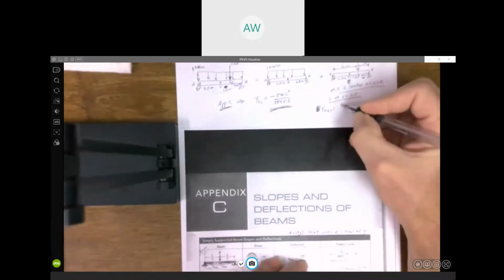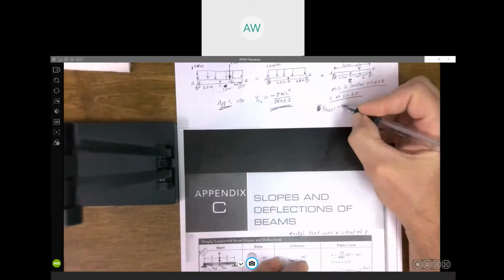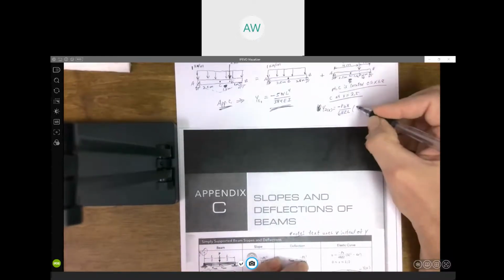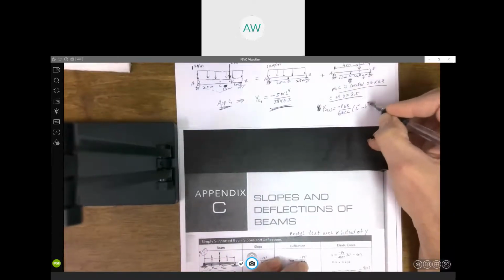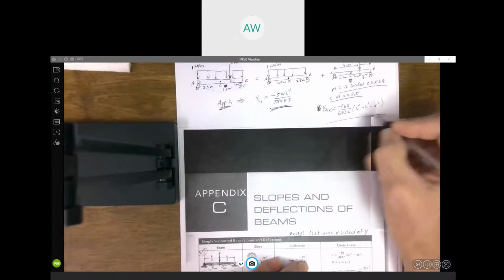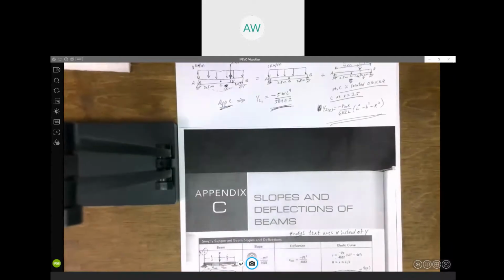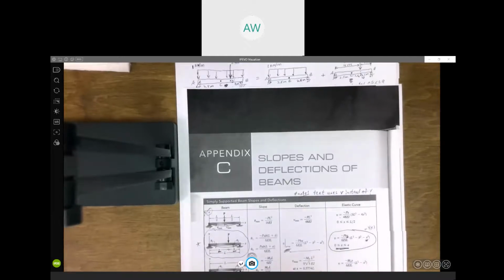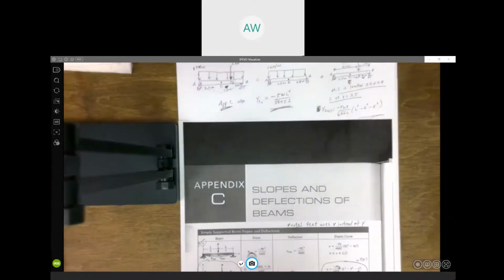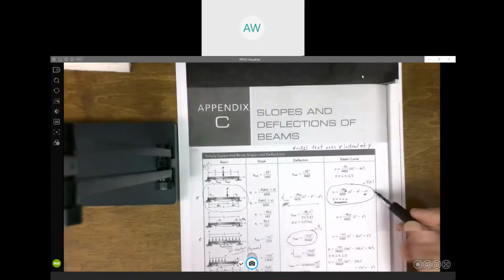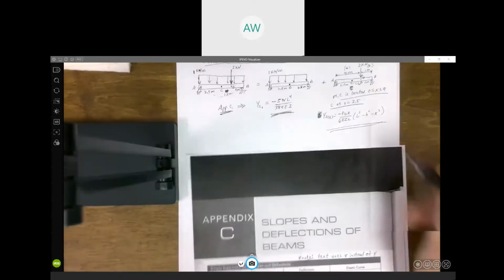And I'll double check to make sure I write it down correctly. I've got minus PBx over 6EIL times L squared minus B squared minus x squared. I don't know if it's going to cover it up, but I think I got it right. Minus PBx. I think that's right.